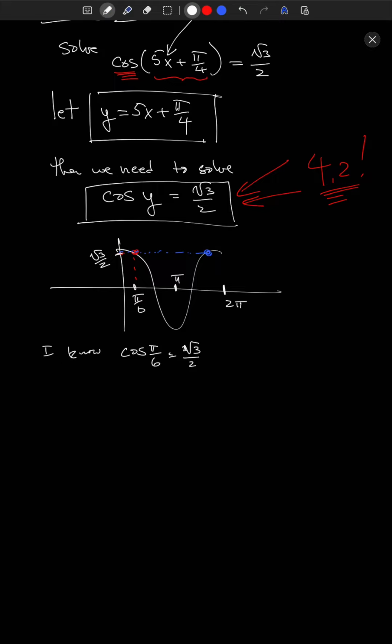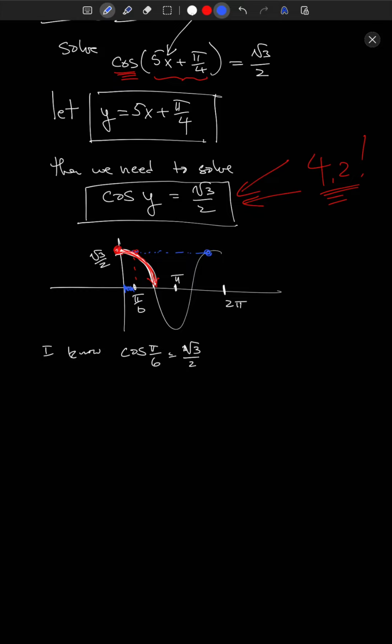Where is that? Well, this hump goes this way. And if I think of it as having a direction, I'm moving from the top of the hump to the bottom, to the ground, right? Then I'm moving from 0 to pi over 6 to get to my solution.